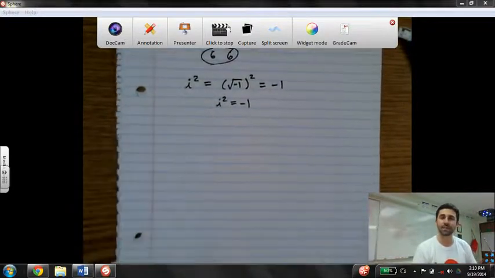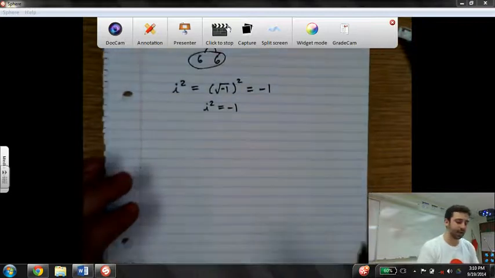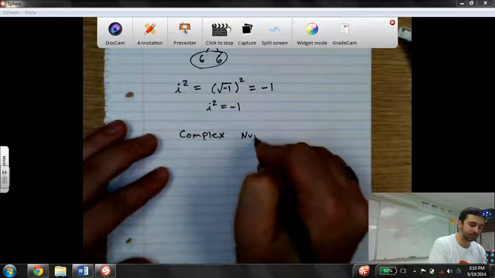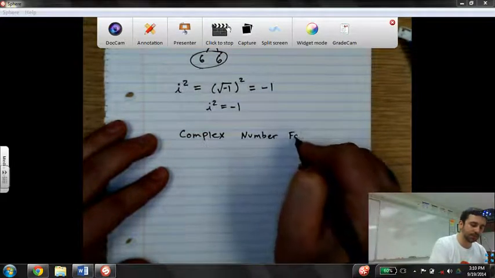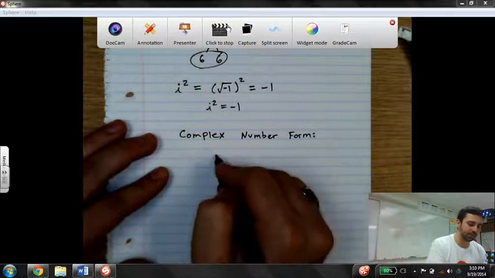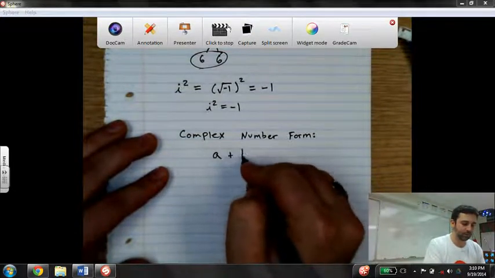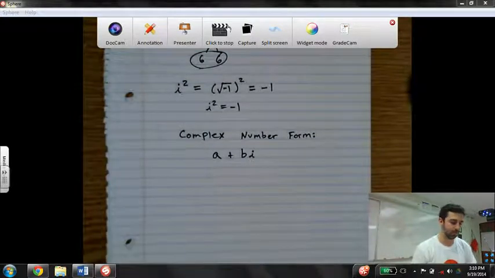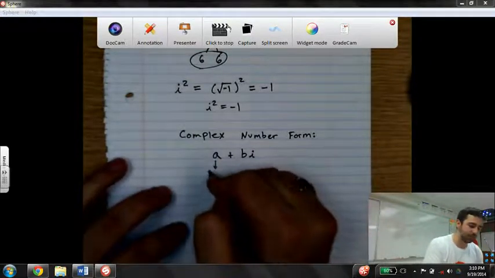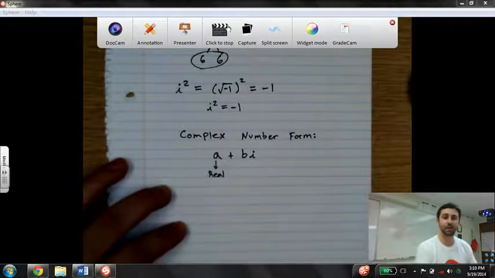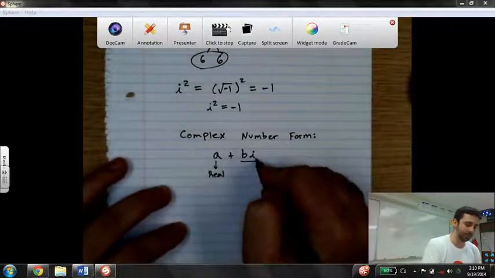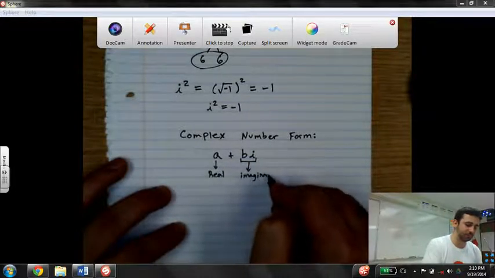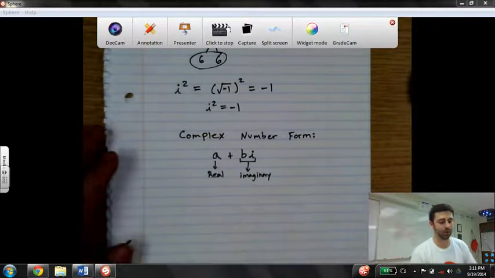So what does that have to do with complex numbers? Complex numbers are exactly as their name suggests, complex. The form of a complex number is a plus bi, where a is the real component of my complex number and bi is the imaginary part of my complex number.